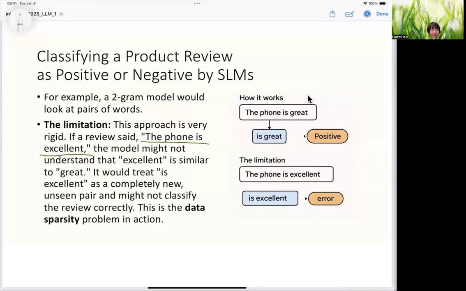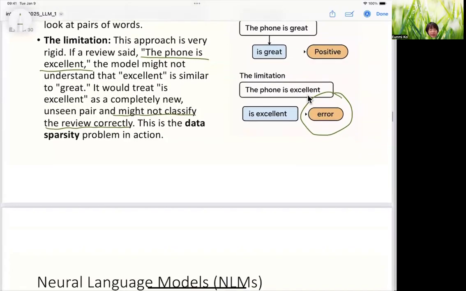Since the model has no idea what "excellent" means, the model might not classify the review correctly. It just provides an error. So this is called the data sparsity problem. Since the model has never seen the word "excellent" before, it just gave an error instead of a positive classification.